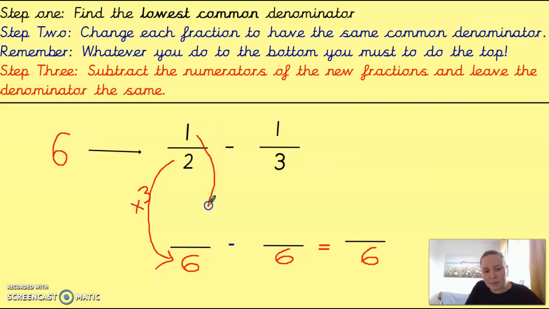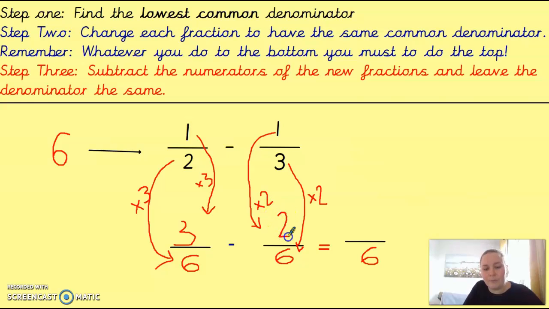Do the same to the top number, 1 times 3 equals 3. And then this one, 3 times what equals 6? Times 2. And then the same to the top. 1, shaky with my pen today, I've got better at this. 1 times 2 equals 2.